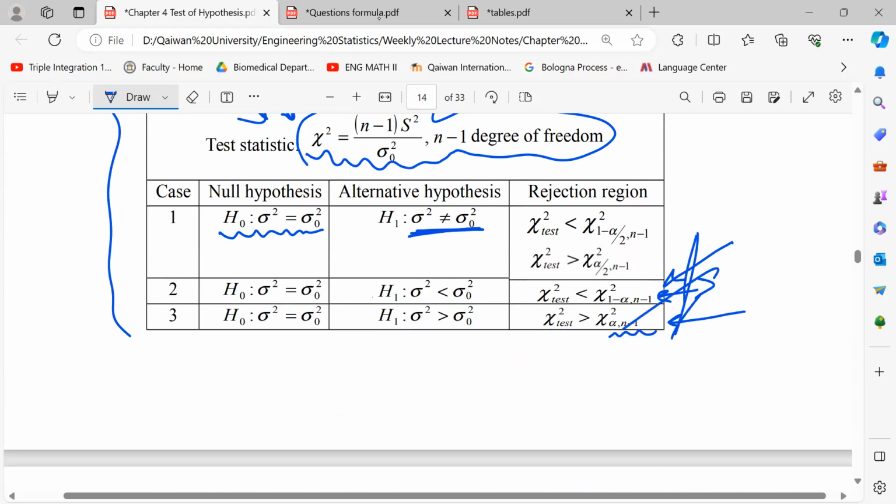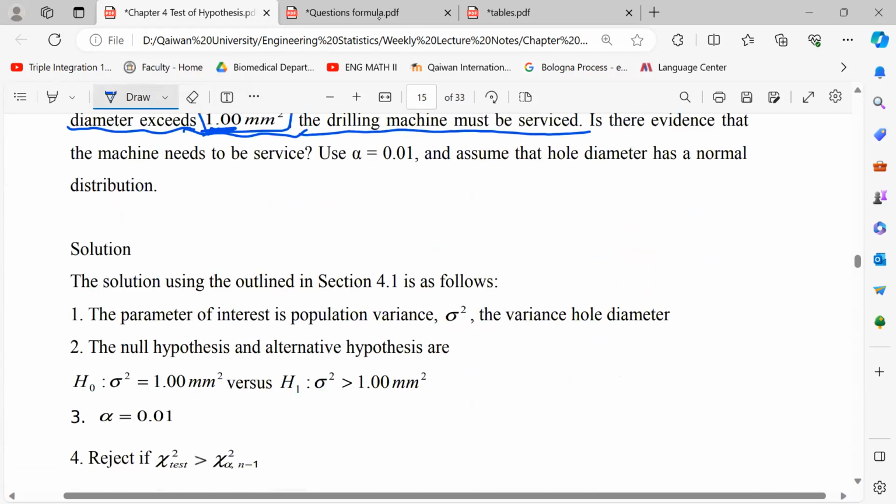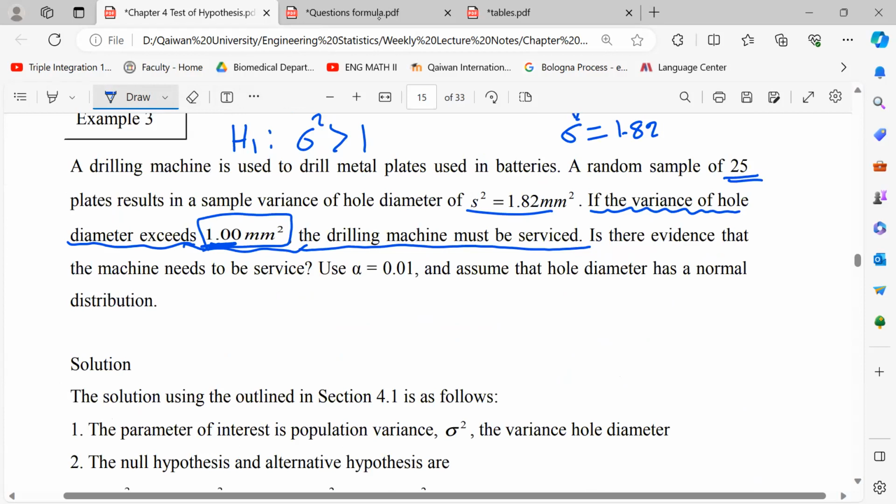So it is the third case. We don't use the first one, we use the third one. Based on the context, you know which case it is. But if it says the variance of hole diameter is not 1, it needs to be serviced, that means both cases, greater or less, so it's the first case.